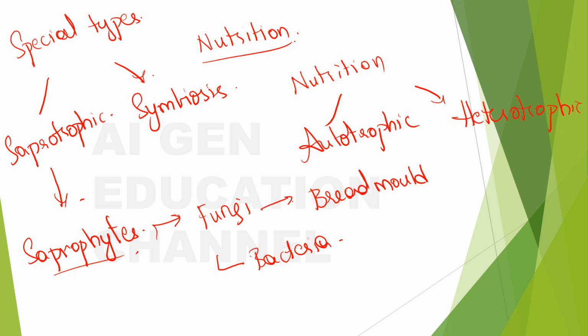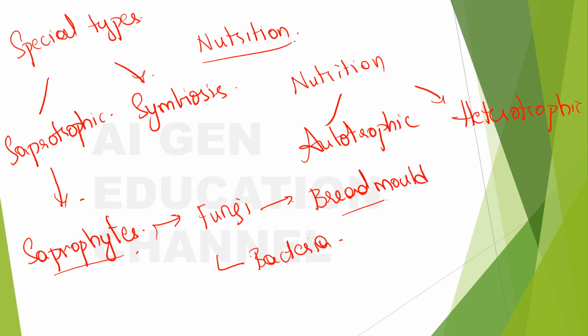In your day-to-day life, you can see that on bread there's something formed, something very awkward when you keep the bread for longer days. On stale bread you can find it. This is called bread mold, and it's a type of fungi.